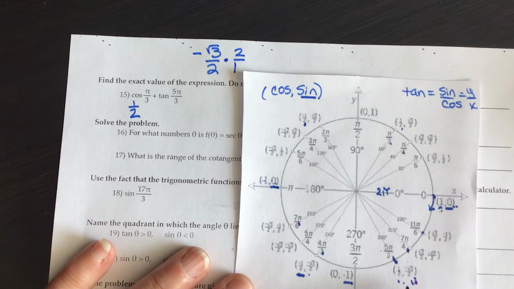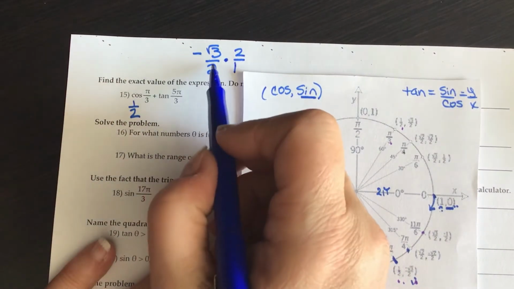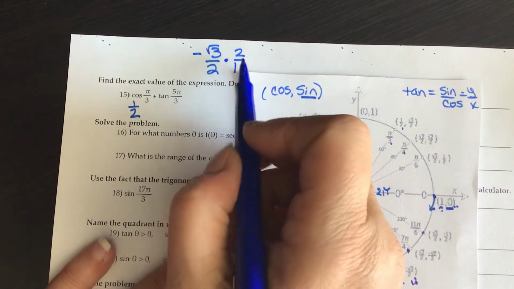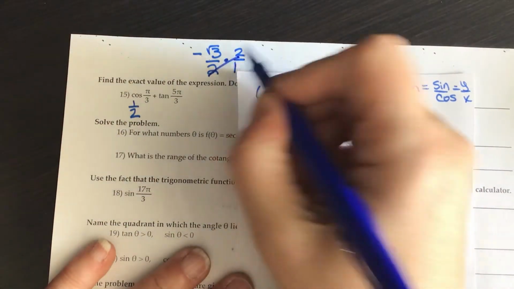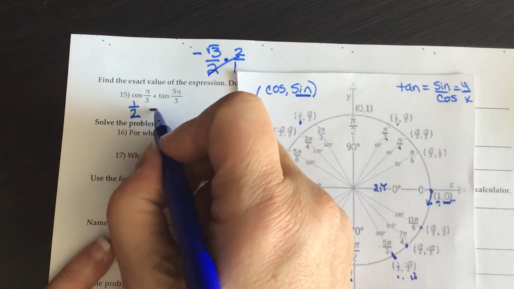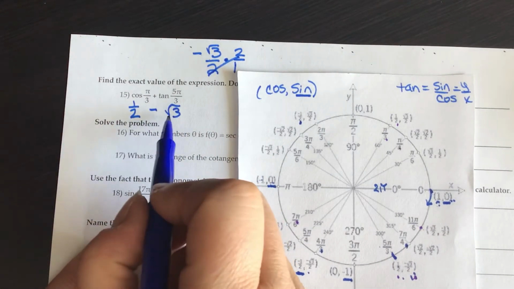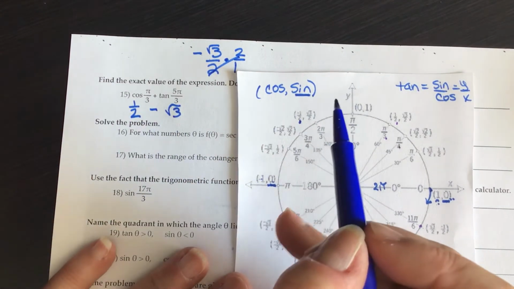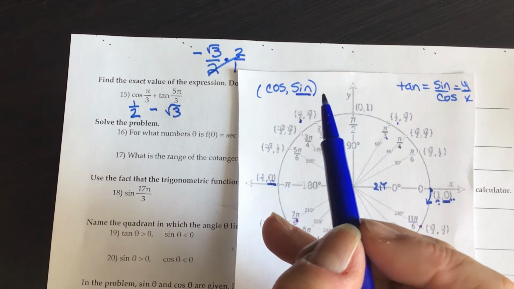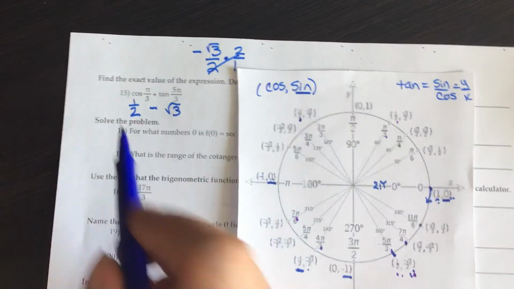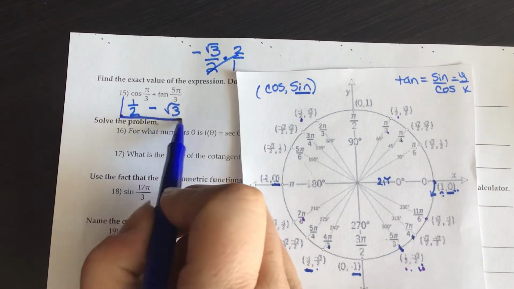Division is multiplying by the reciprocal, so this gives me minus square root of 3. And I can't combine a rational with an irrational number, so this is my answer.